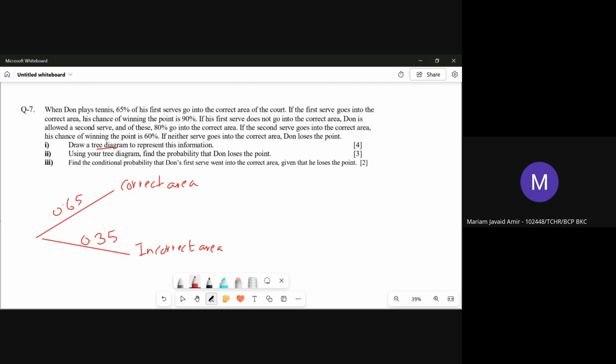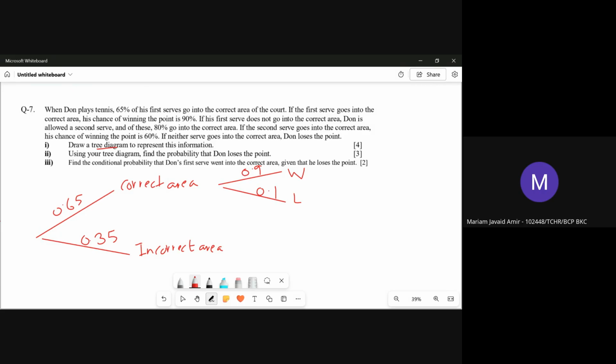If the first serve goes into the correct area, his chance of winning the point is 90%. Okay, so from the correct area, the chance of winning a point is 0.9, and that means the chance of losing a point would be 0.1, 10%.